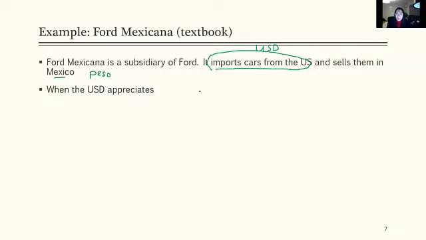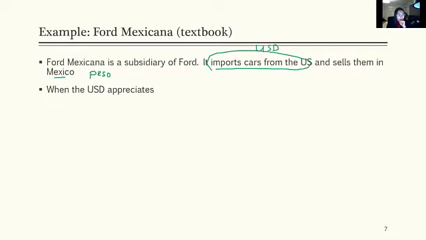So I'm going to start a poll and I'm going to ask you for your opinion of what will happen to the firm when the USD appreciates, okay? Just a second. So here I've got the USD appreciates. This is the question. Can you see the question on your screen?